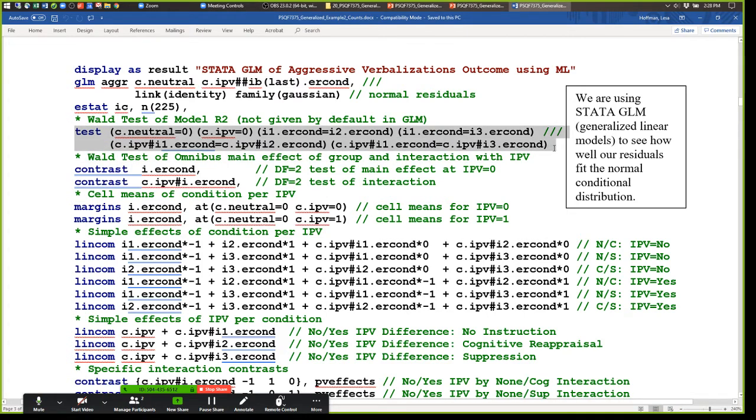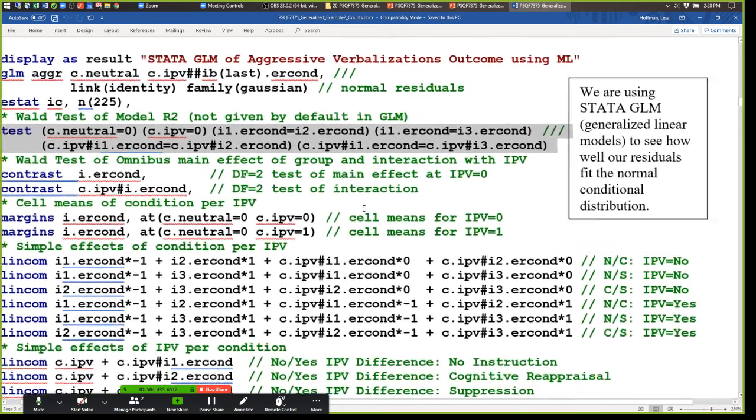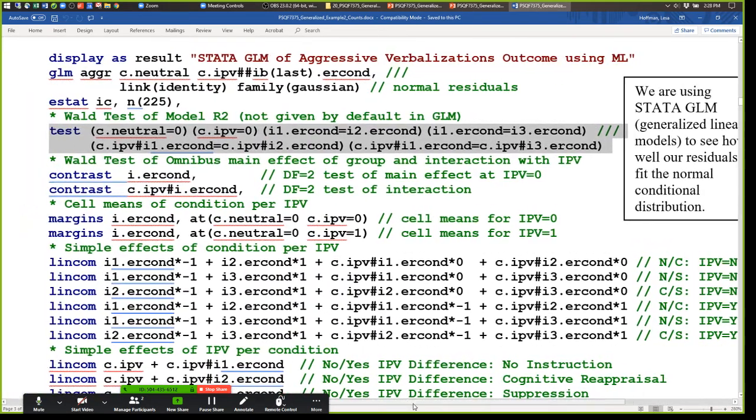This thing right here, what's that doing? Feel free to read from the comment right above the line. This is your multivariate Wald test. It's the analog to the F-test that goes with your model R-square in regression.